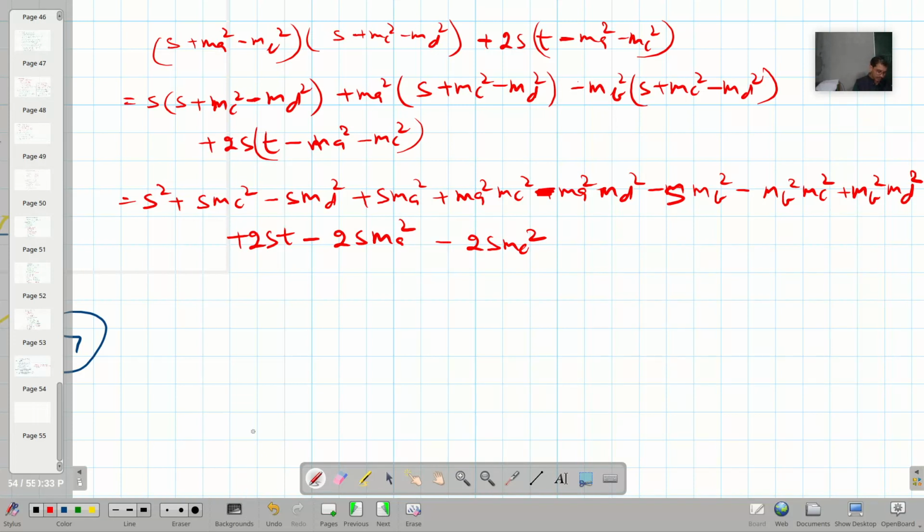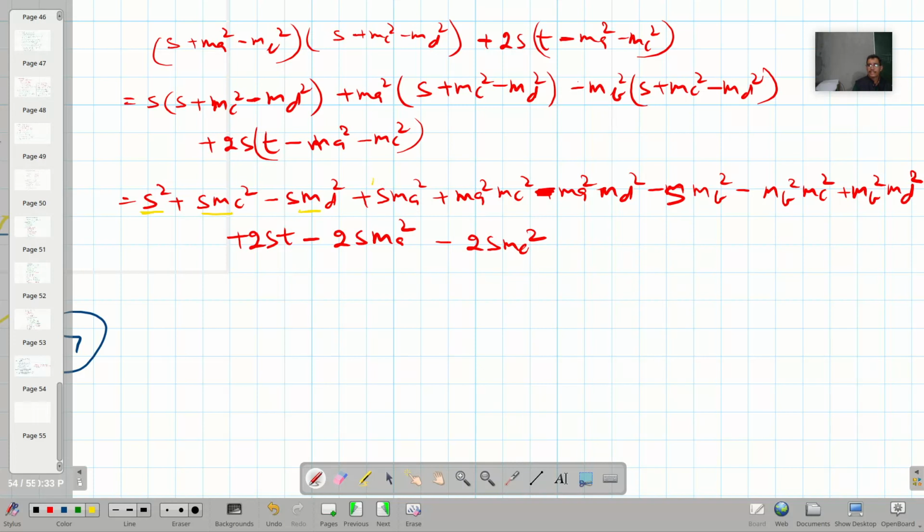So let us first of all put all s terms together. So it is s square, s mc square. Is there more term s mc square? No. And s md square is also not there, right?